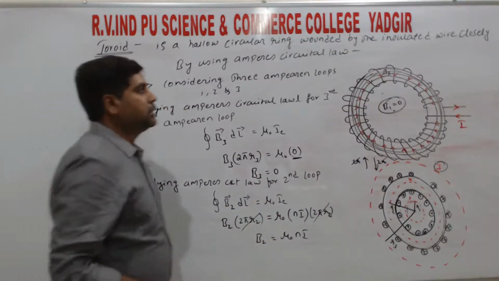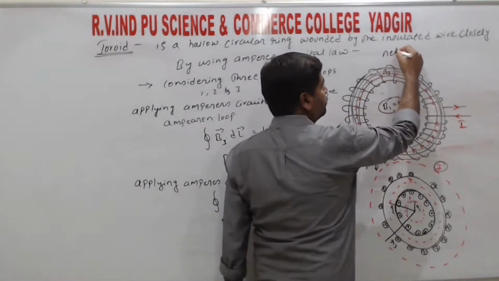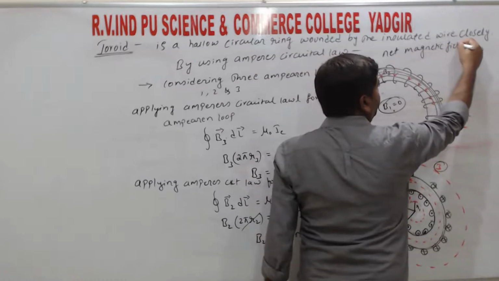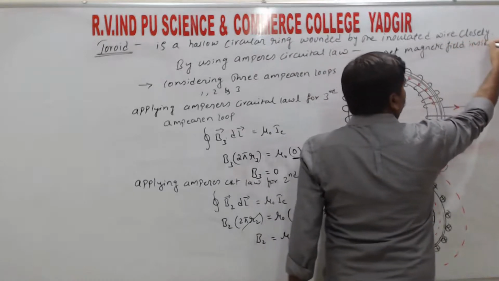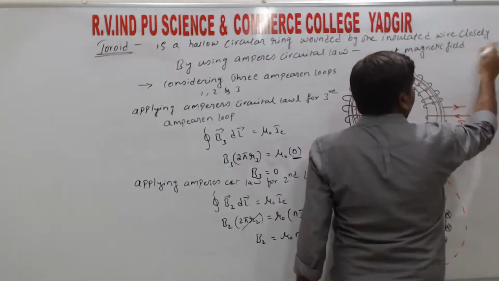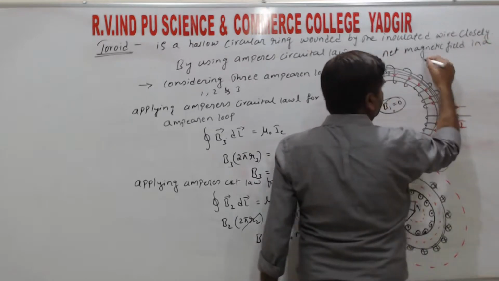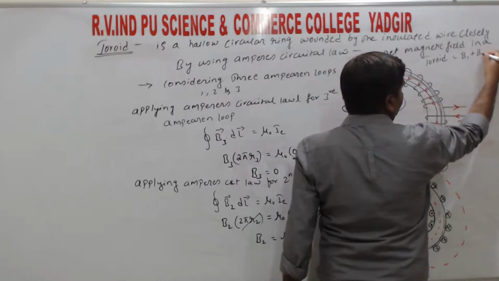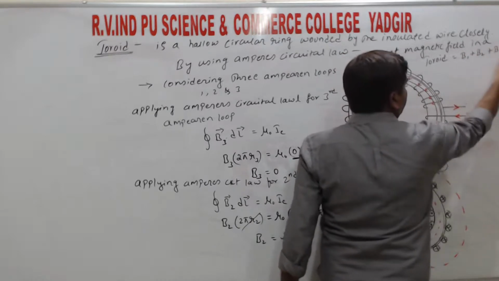So the net magnetic field in a toroid is equal to B1 plus B2 plus B3, right?